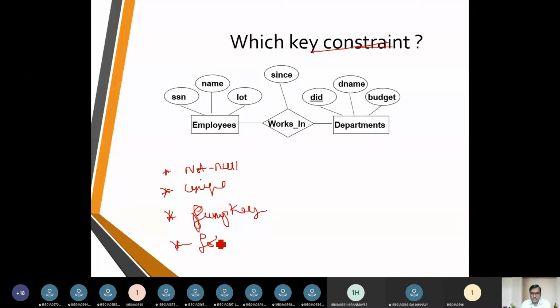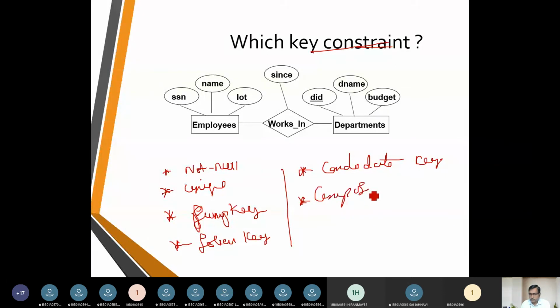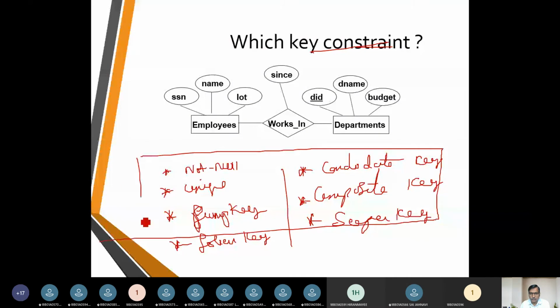Then it is going to deal with a foreign key, and it supports a candidate key, and it is going to have some composite key, and thereby the last one, it is going to have a super key. So all those are going to work with a key constraint.